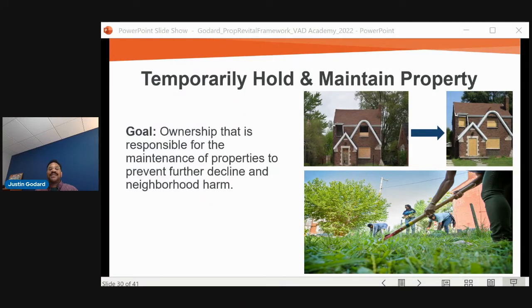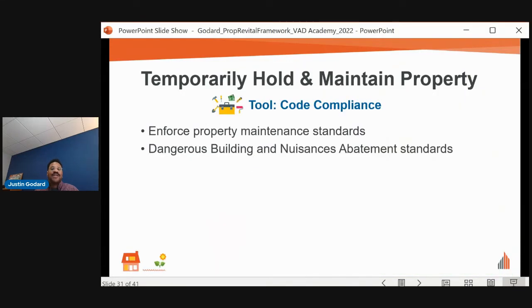For these properties, another owner, typically a public, quasi-public, or mission-driven entity, might need to temporarily hold and maintain the property until a viable owner who can repurpose that property is found. Temporary holding and maintenance is meant to guarantee that there's an entity responsible for ensuring properties are no longer causing harm and that bad property issues are being addressed.